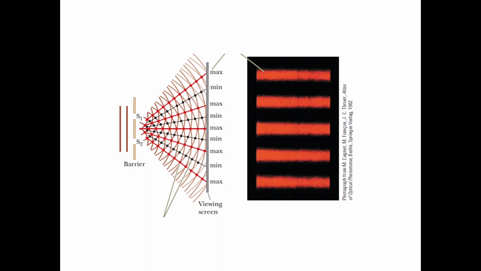So how do you create two coherent light sources? We can deal with a monochromatic light wave, which travels through an opaque screen with two slits.